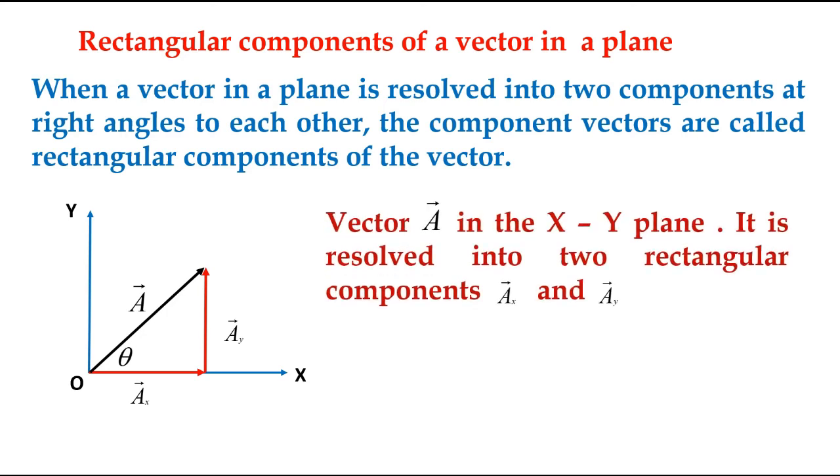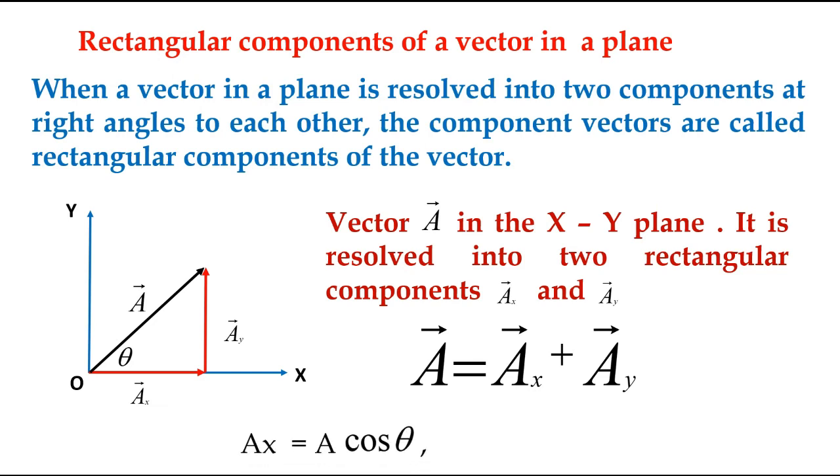Vector a bar in the xy plane is resolved into two rectangular components, ax bar along the horizontal direction and ay bar along the vertical direction. So we can write a bar is equal to ax bar plus ay bar.